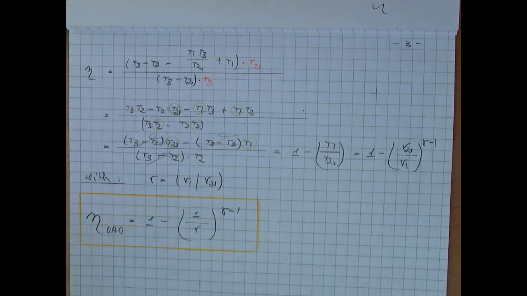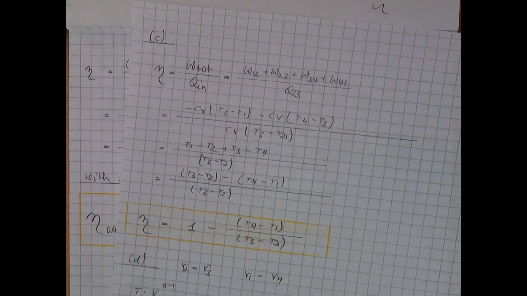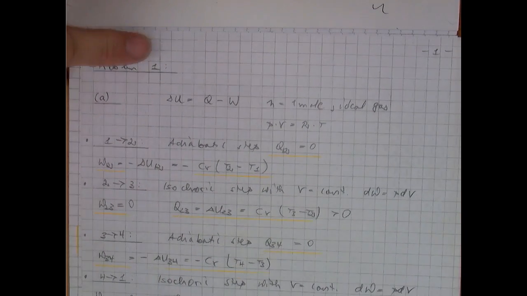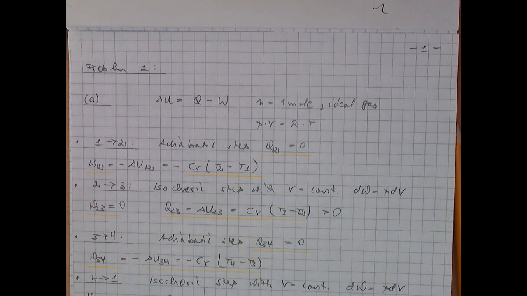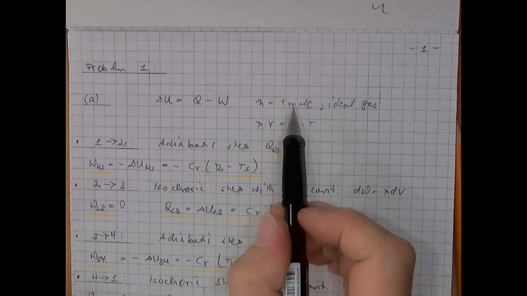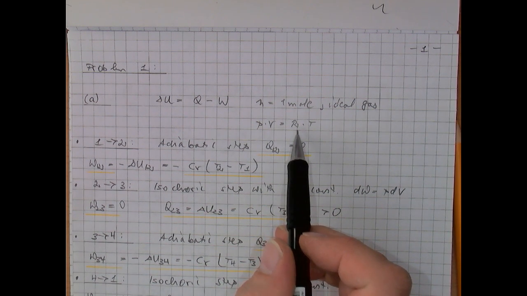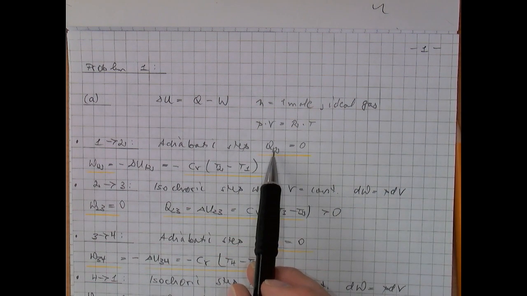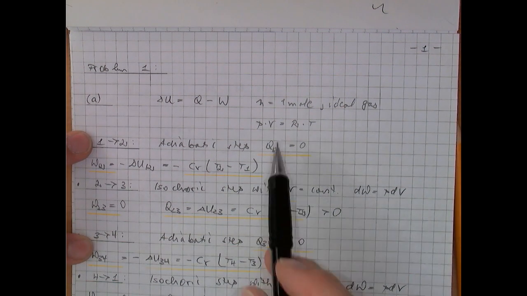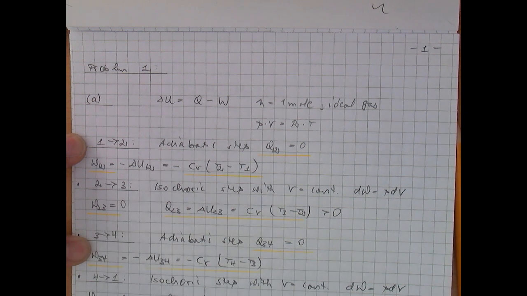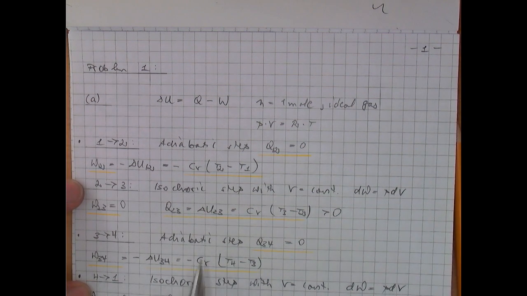So in summary, let's just review for a second what we have done. The problem is significantly simplified since we use a mole of an ideal gas. Here is the ideal gas equation. We have the two adiabatic steps. Heat is 0, therefore you can right away relate work and the change in internal energy. For steps 2 to 3 and 4 to 1, you have isochoric steps. The work is 0.